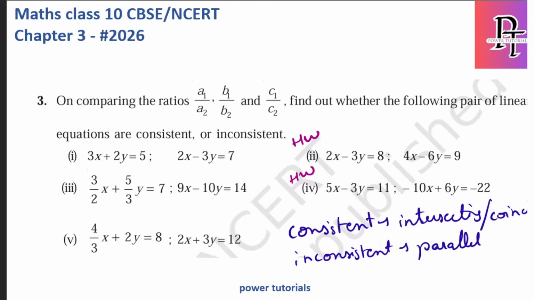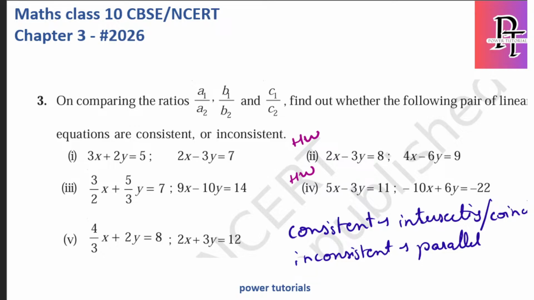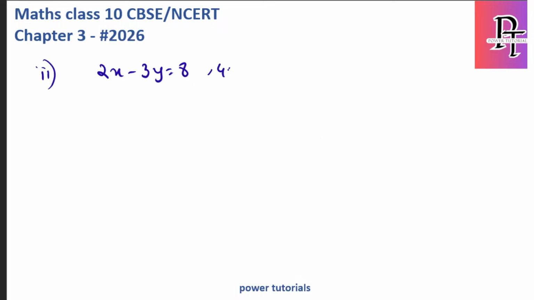What is the second one? 2x minus 3y is equal to 8. Equation two: 4x minus 6y is equal to 9.